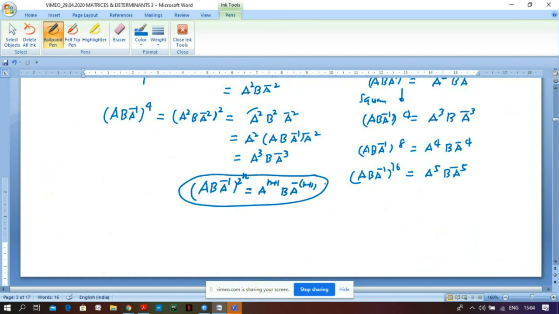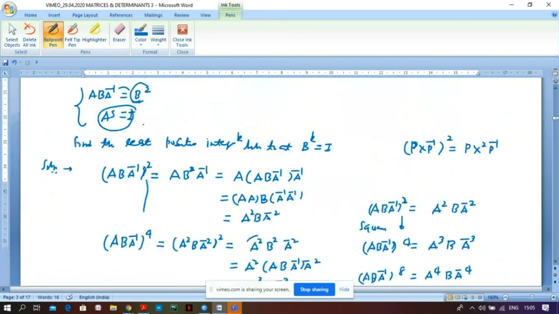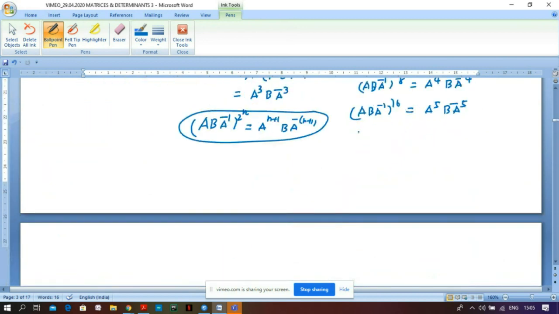Now, the moment we got this 16, A inverse is now B squared. So I use this here and write B to the power 32 is A5, B, A minus 5. A5 is I, this is I, and so this is B. So we get B32 equals B.